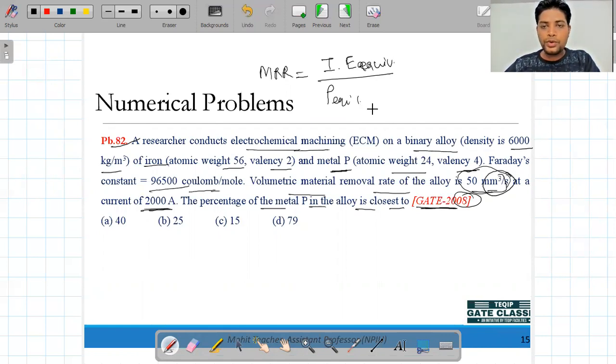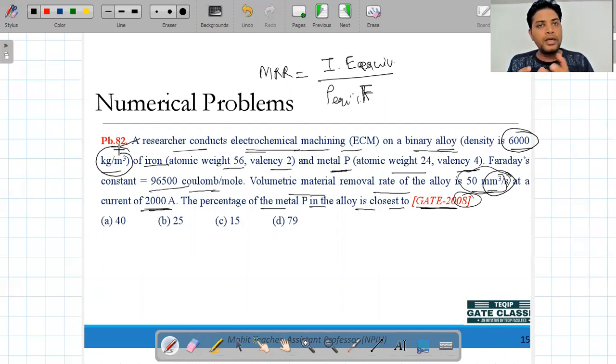But please keep in mind that the researcher conducts electrochemical machining on a binary alloy which has a density of 6000 kg per meter cube. So you do not need to calculate the equivalent density, it is already given to you that the density of the binary alloy is 6000 kg per meter cube. So there is no need to calculate this individually, because this is directly given to you. Please keep in mind.